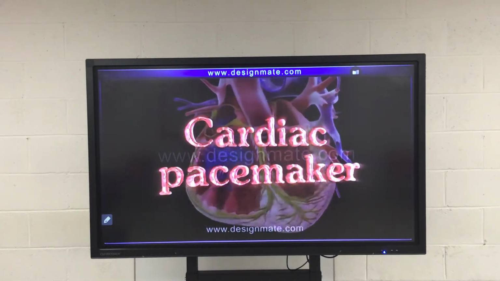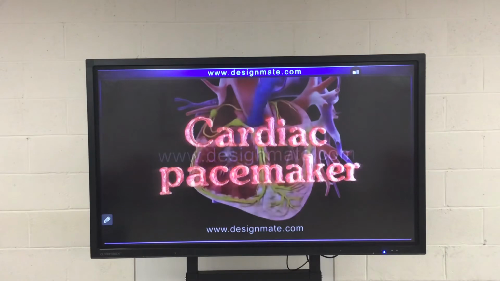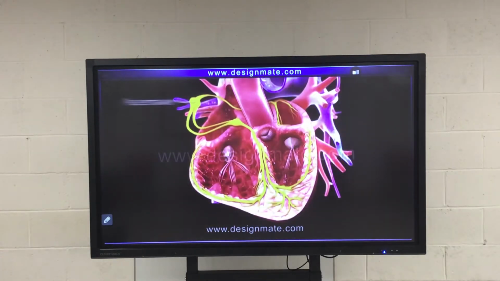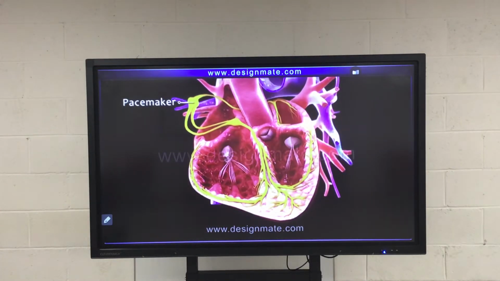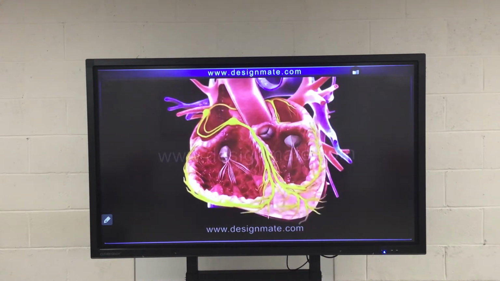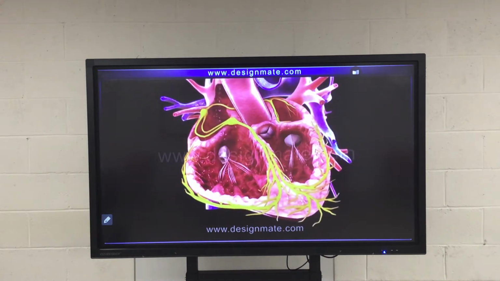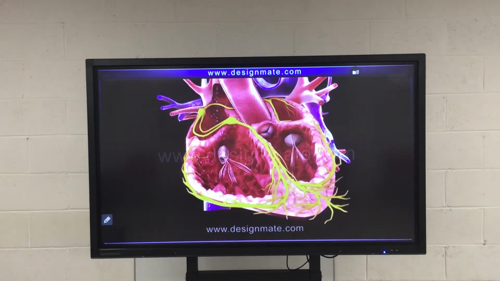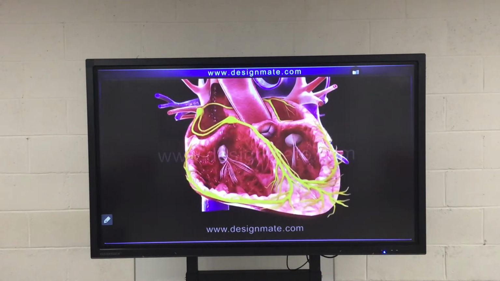Cardiac pacemaker. The heartbeat is generated and controlled by a pacemaker present in the heart. It also possesses a specialized excitatory conducting system, which ensures the rhythmic beating of all the cardiac muscles.